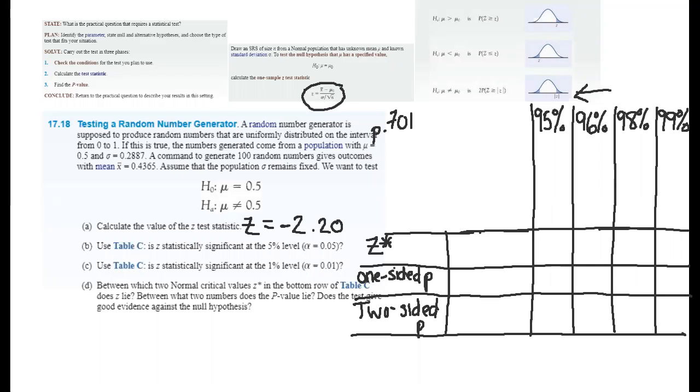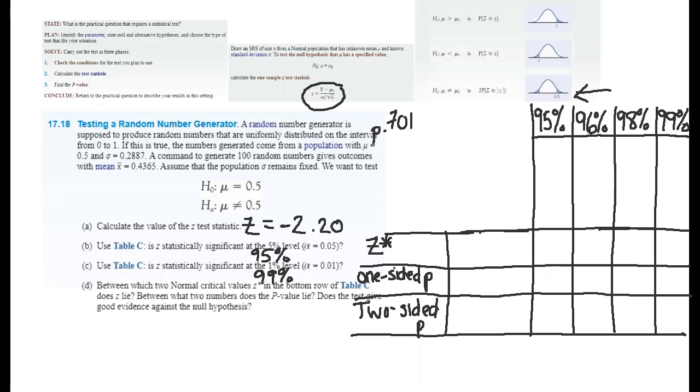Okay, so we have at the top the alpha equals 5% corresponds to the 95% column. The alpha equals 1% corresponds to the 99% column.